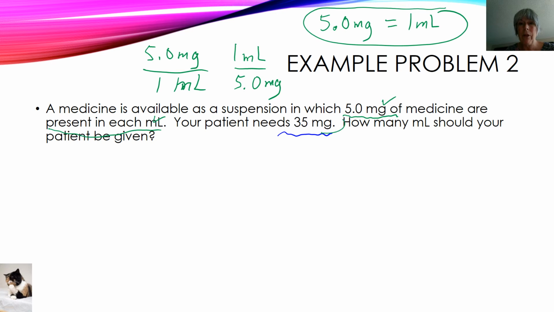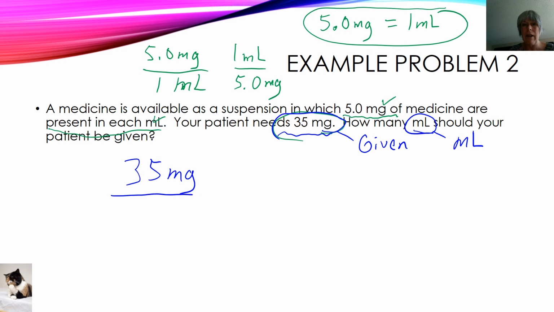We're going to start with our 35 milligrams. That's really our given value in this problem. And what are we trying to find? We're trying to find milliliters. So essentially what we want to do is convert our 35 milligrams, which we're going to start by writing as a fraction by putting it over 1. We want to convert that to milliliters.